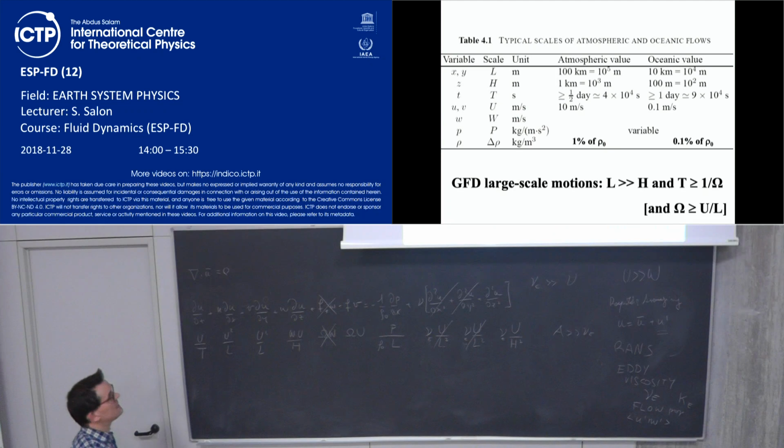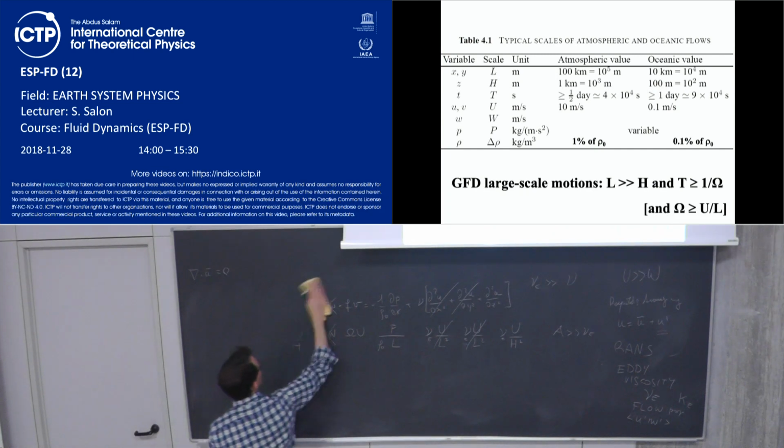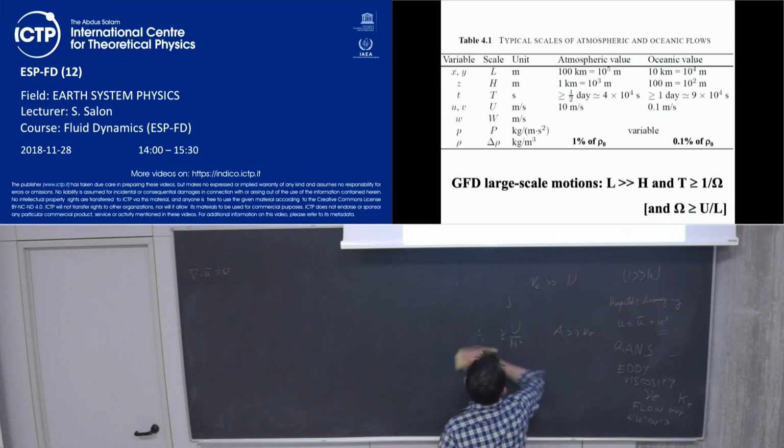A similar analysis can be done for the V component, for the Y component, so it will be exactly the same. And of course, as before, we can have a little bit more in-depth analysis of the Z component of the momentum.